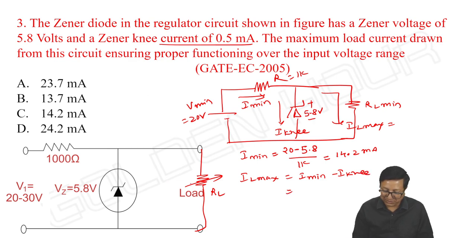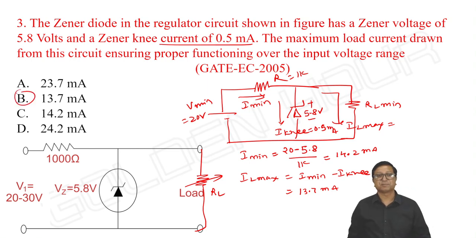It is 14.2 minus the knee current, which is given as 0.5 milliampere. So it is 13.7 milliampere. Option B is correct. So we should be very careful. It's a simple question, but I had a lot of debates on this question. So there is no difficulty in it at all once you understand the concept properly.